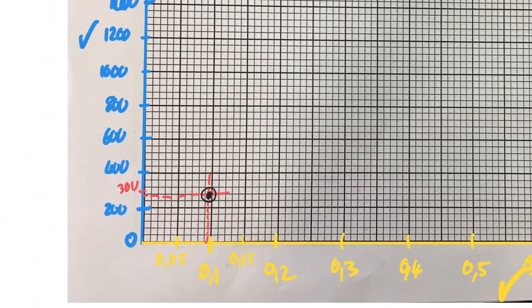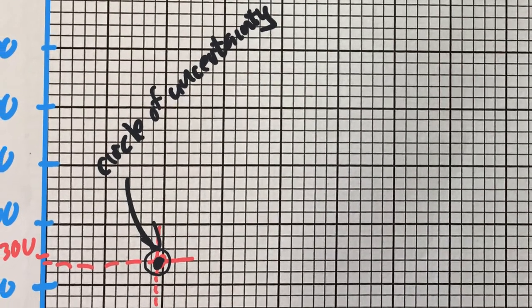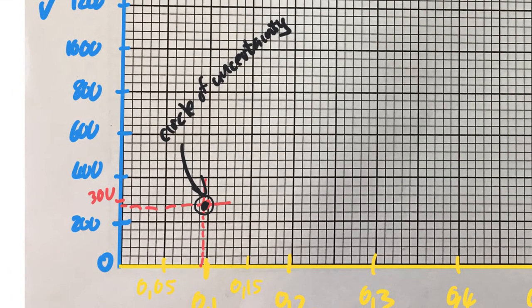I'm just going to put it there for the time being. This is called the circle of uncertainty. That's just good scientific practice. I'm not going to leave it there, I'm going to take it out. So that's the first data point.